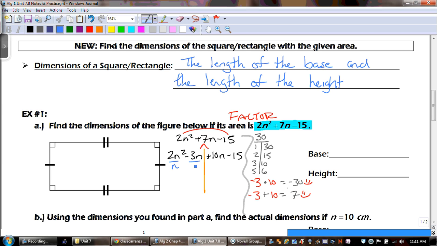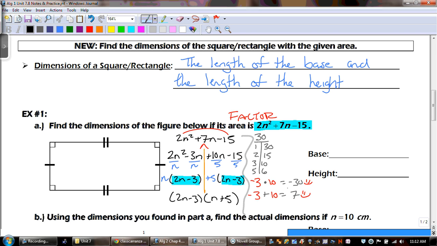We can only take out an n, so my GCF comes out front, and we're left with 2n minus 3. And the GCF of the back is a positive 5. And after we factor that, we're left with 2n minus 3. And if you look, we did it correct because those two match. So our answer is 2n minus 3 and n plus 5.